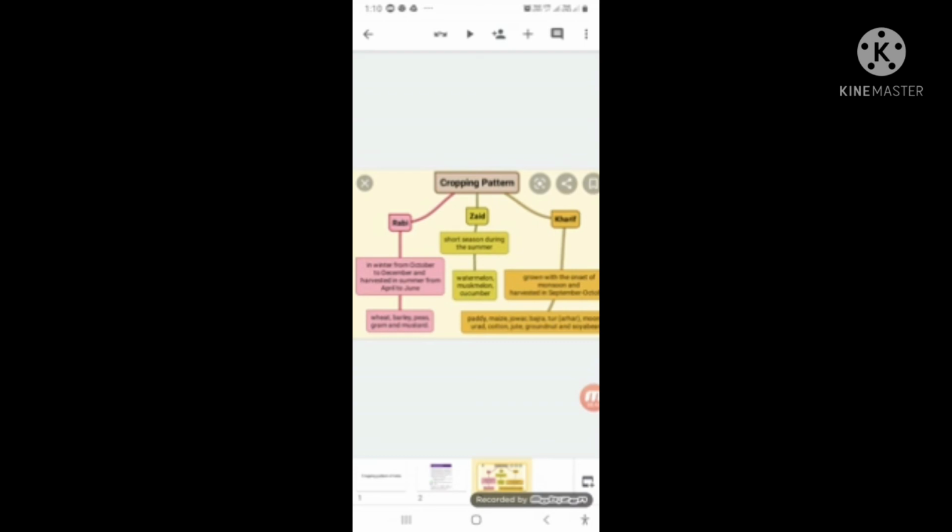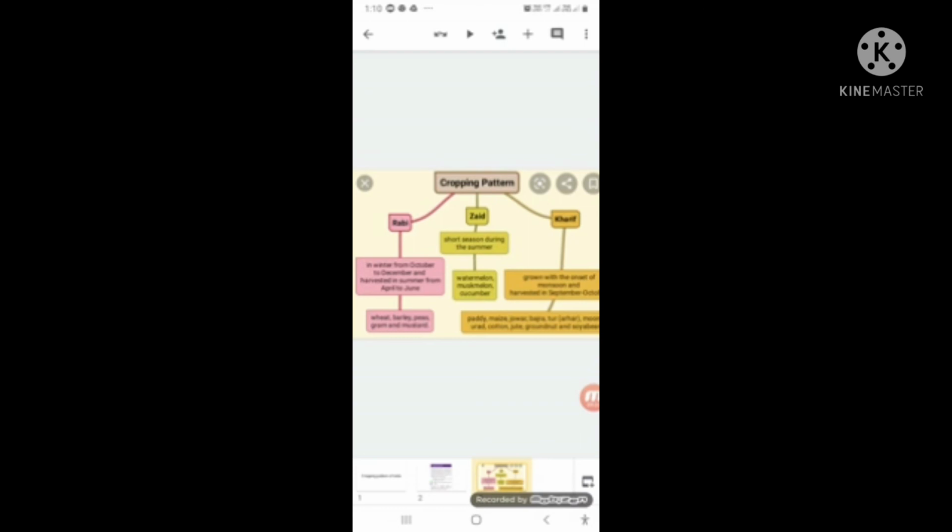Now going to the third category, Zaid crops. This season is in between the Rabi and the Kharif, that means between winter and summer season.